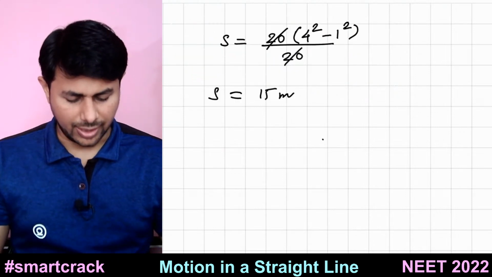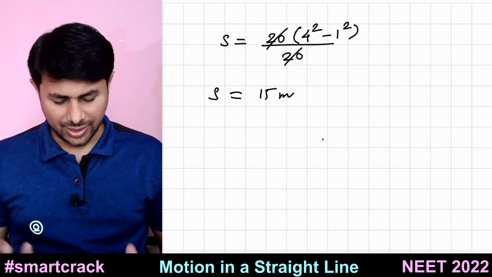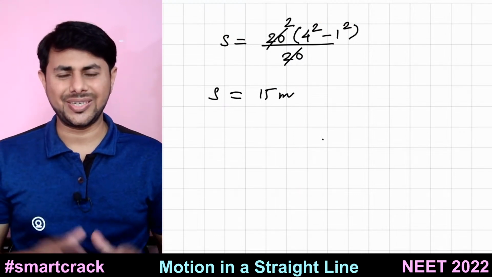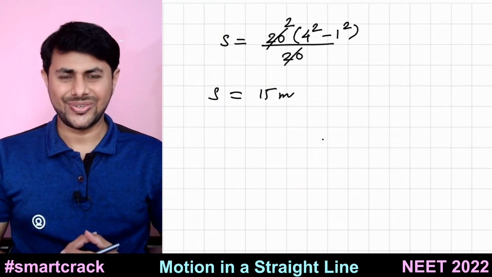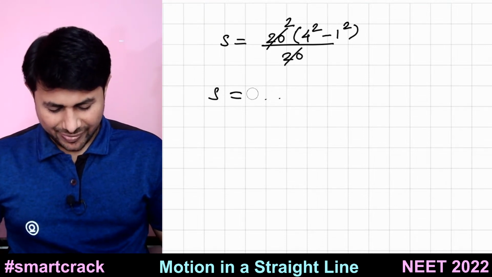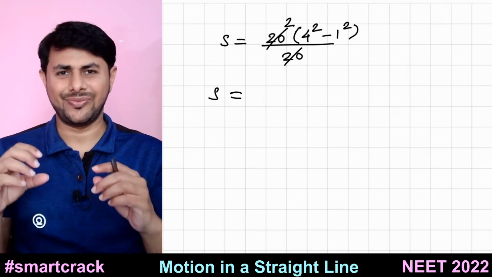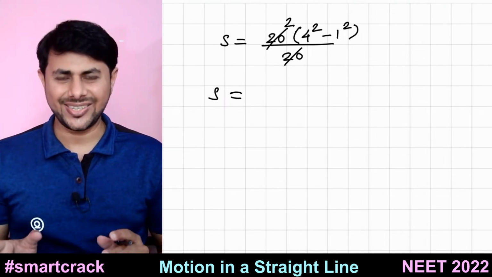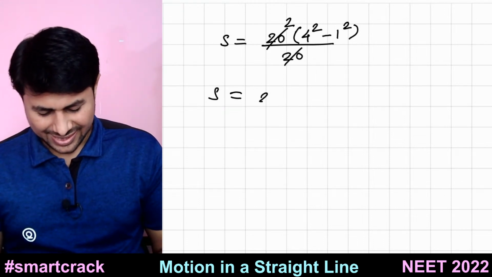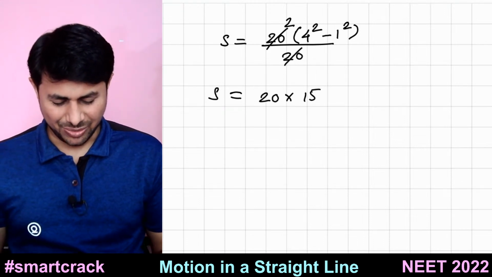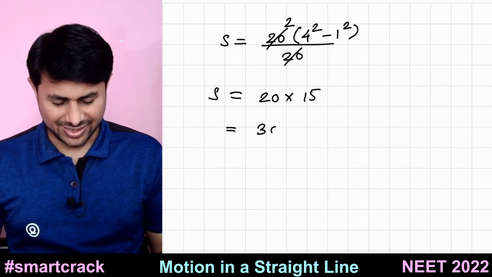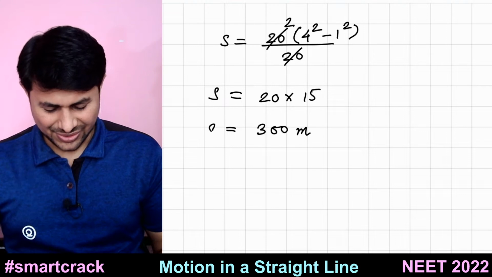Oh, yeah, I made a mistake. I'm sorry. It is 20 square that we can take common. It's not 20. Okay, so then one of the 20s gets cancelled, and we are left with 20 times 15 in the numerator, and 20 times 15 is 300.